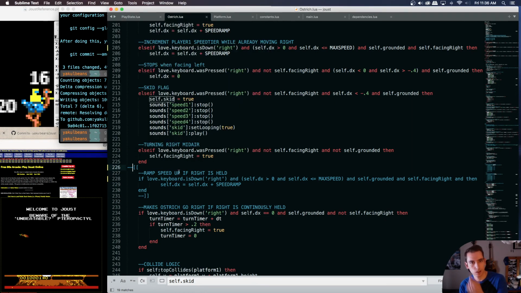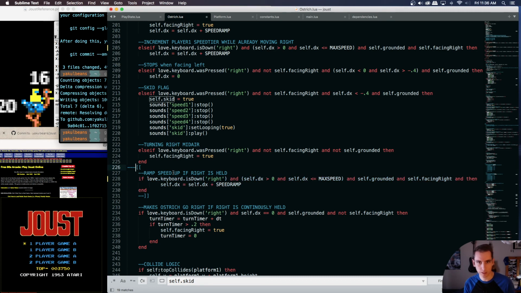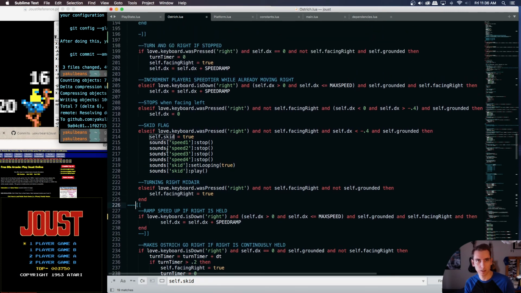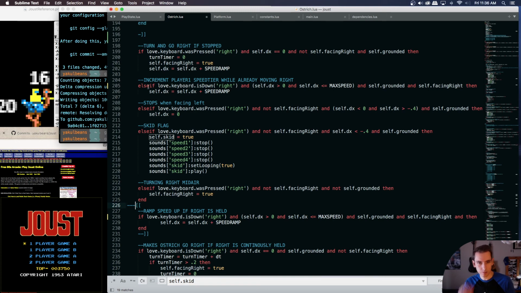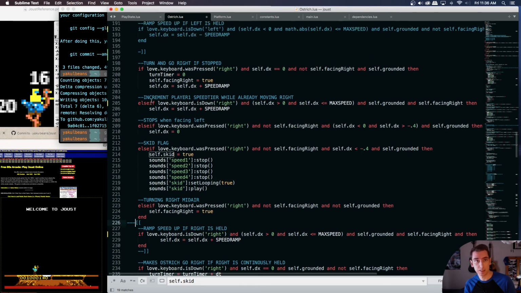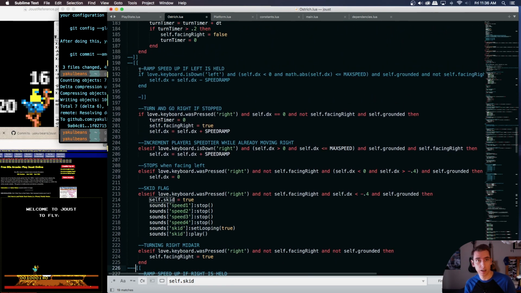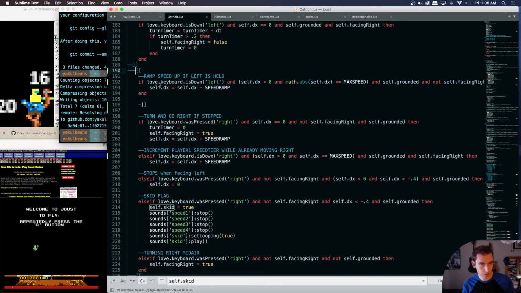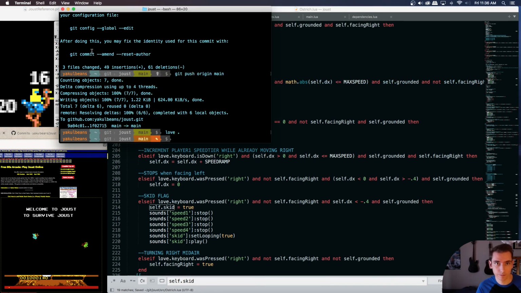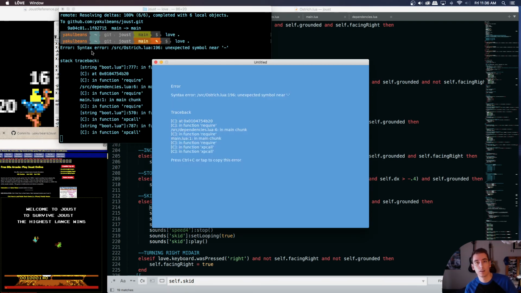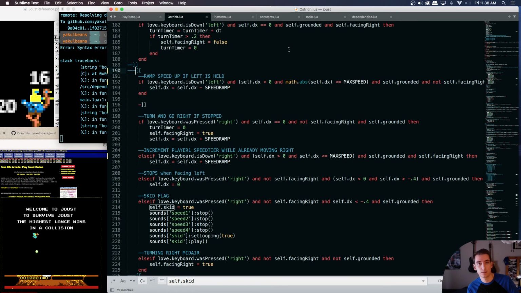So I had this to be like, hey, default to incrementing dx to the right if right is held, and default to making it smaller. 96. Well.